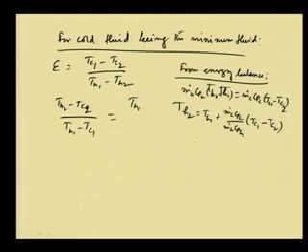So we can write it as Th1 minus Cr into Tc1 minus Tc2.